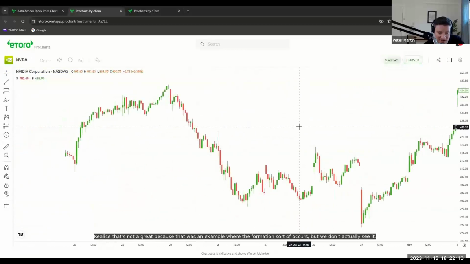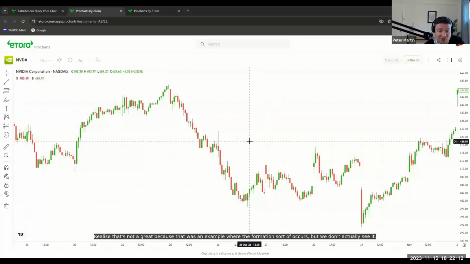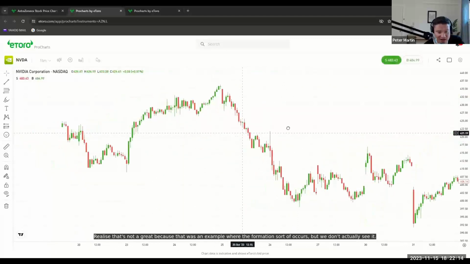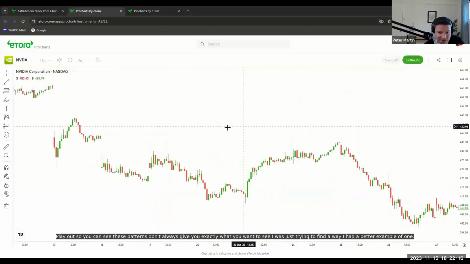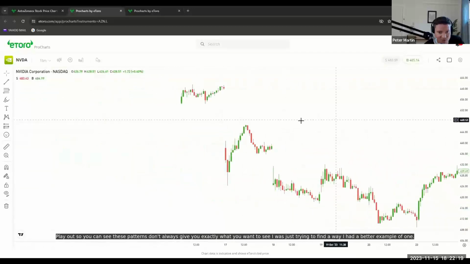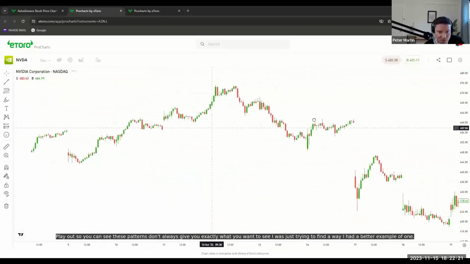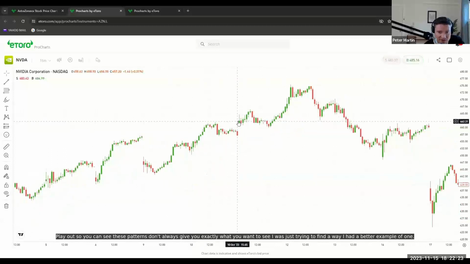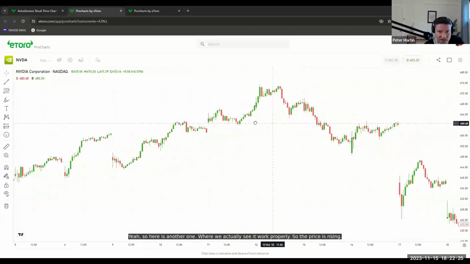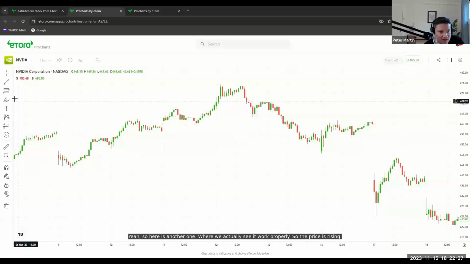I realize that's not a great example. That was an example where the formation sort of occurs, but we don't actually see it play out. So you can see these patterns don't always give you exactly what you want to see. I'm just trying to find where I had a better example of one. Yeah, so here is another one where we actually see it work properly.